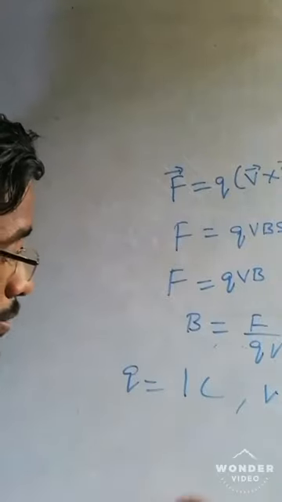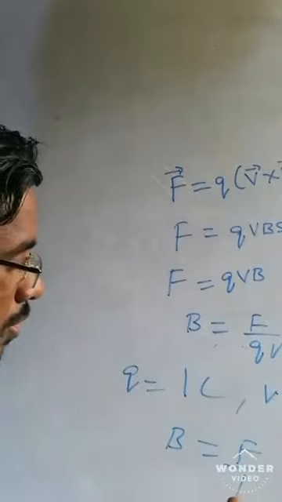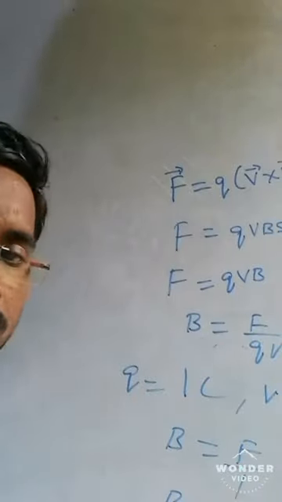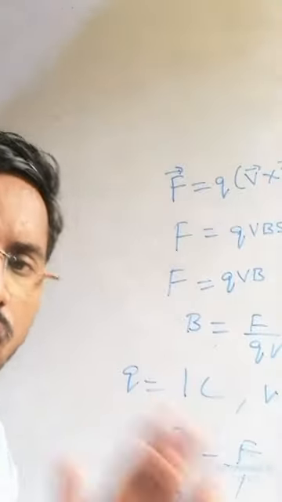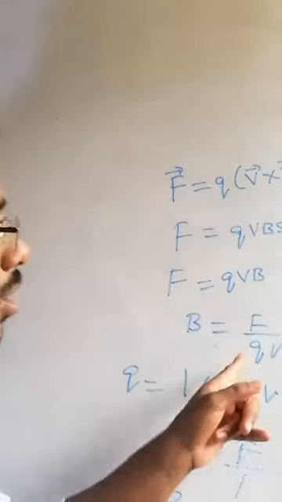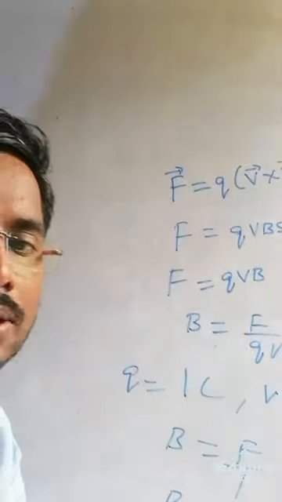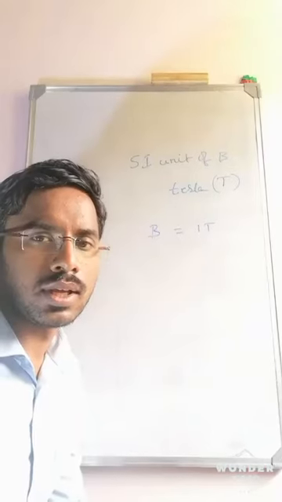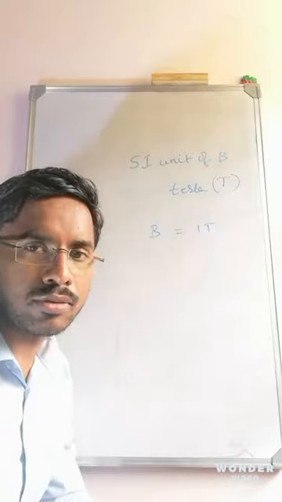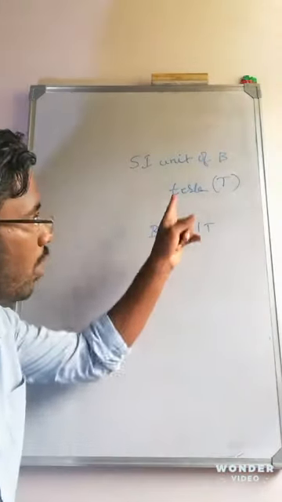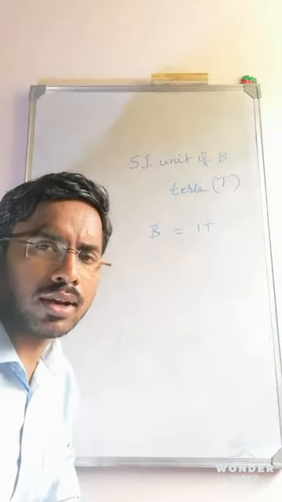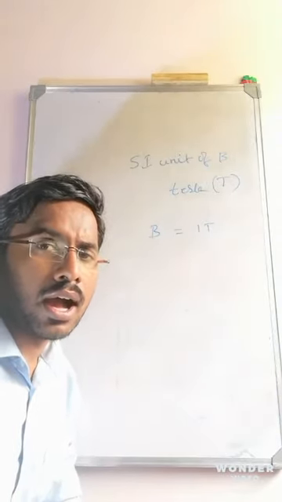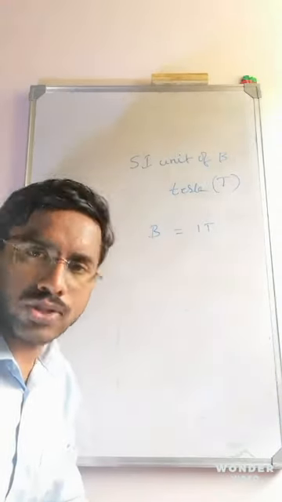Then B is equal to F by 1, that is, B is equal to F. So the magnitude of the magnetic field is the force acting when 1 coulomb of charge is moving with a velocity of 1 meter per second.